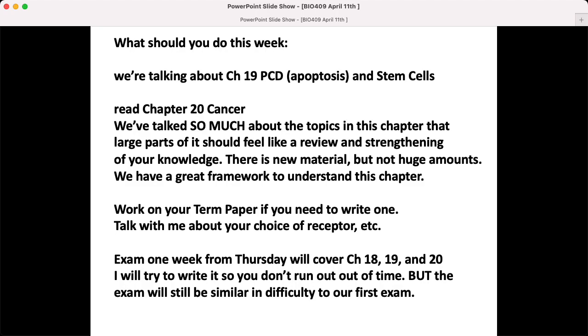I know that's another big chapter before our exam, and huge chunks of it should be familiar, adding to them but also pulling things together for you, somewhat of a review. There are some nice add-ins, a couple more stories about oncogenes and their role in cancer biology. The second part is about cancer therapeutics.